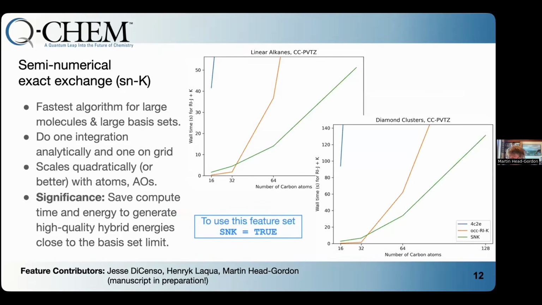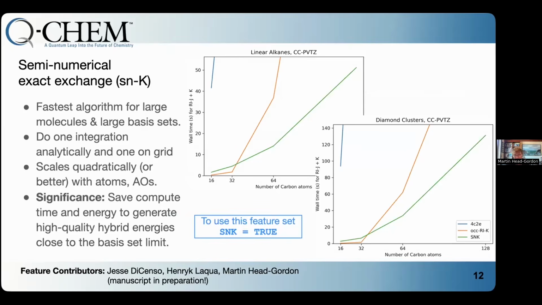If you are interested in doing highly accurate DFT calculations on big molecules, you know it's expensive. You know you need big basis sets in order to approach the complete basis set limit at which the functionals are trained. I'm super excited to tell you that Q-Chem now has, we believe, the world's at least equal best semi-numerical exact exchange code.